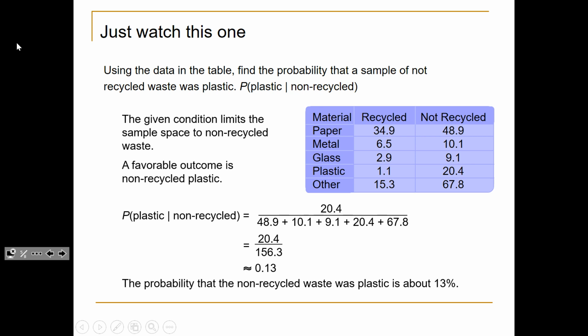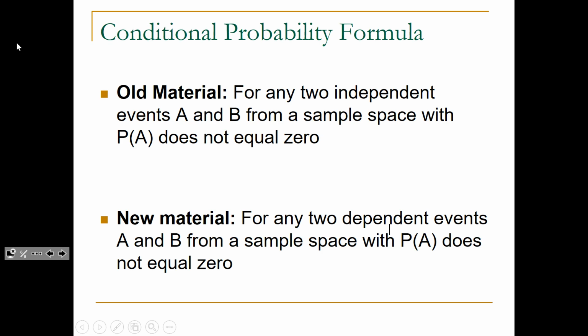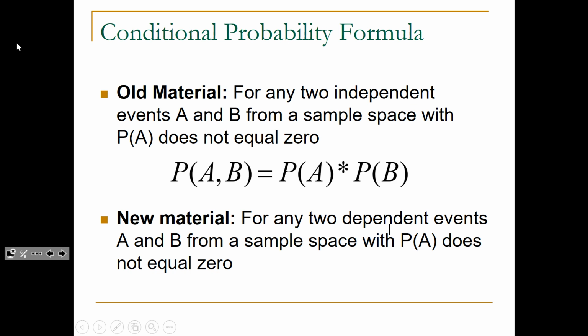All right, so now let's look at our formulas. In our old material, I believe it was 10.2, for any two independent events A and B from a sample space with the probability of A not equal to 0, remember our formula was the probability of A and B was equal to the probability of A times the probability of B, right?